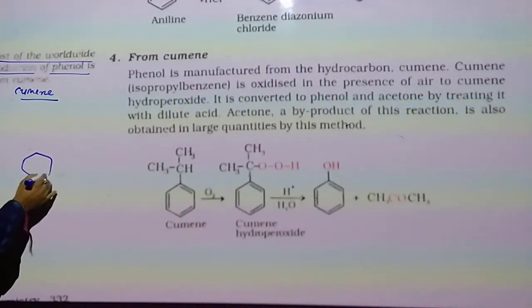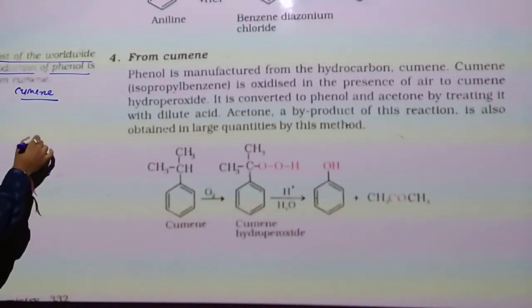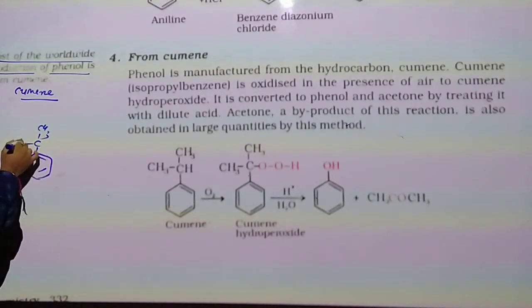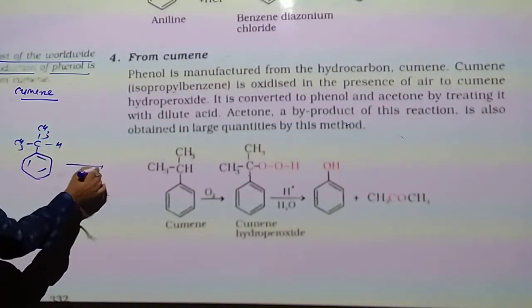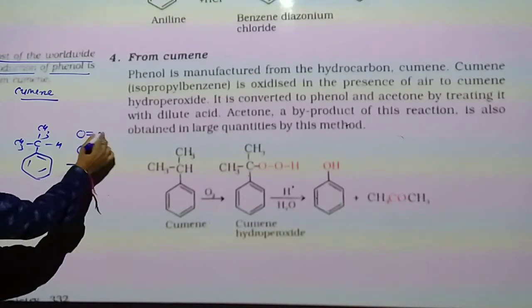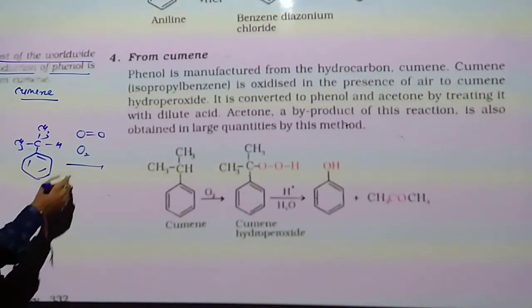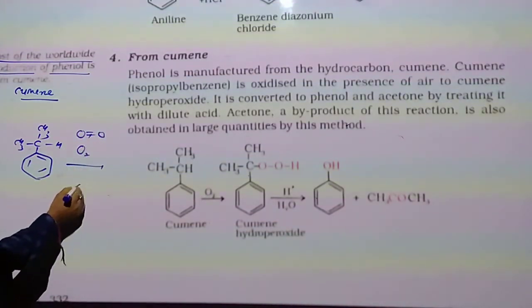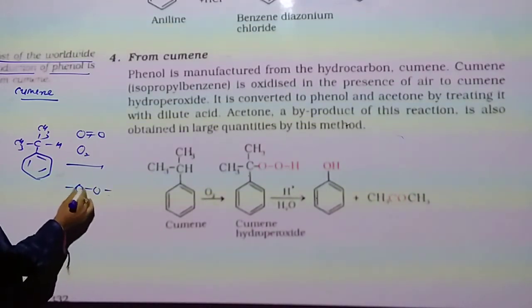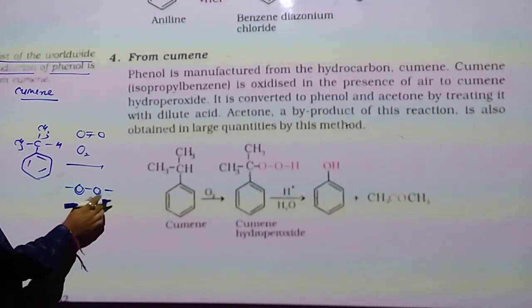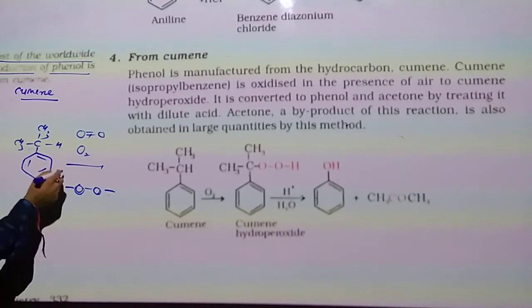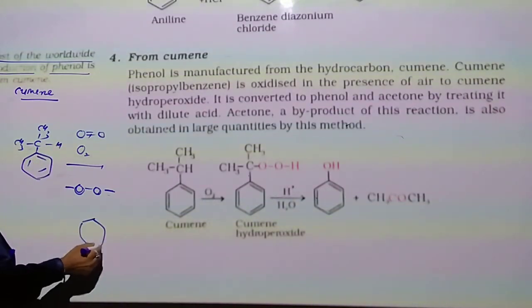Here benzene ring, CH3, CH3 and H. When it reacts with oxygen, there is a double bond, so one pi bond breaks. So two valencies remain of both oxygens, one bond each remaining. It combines here like this.